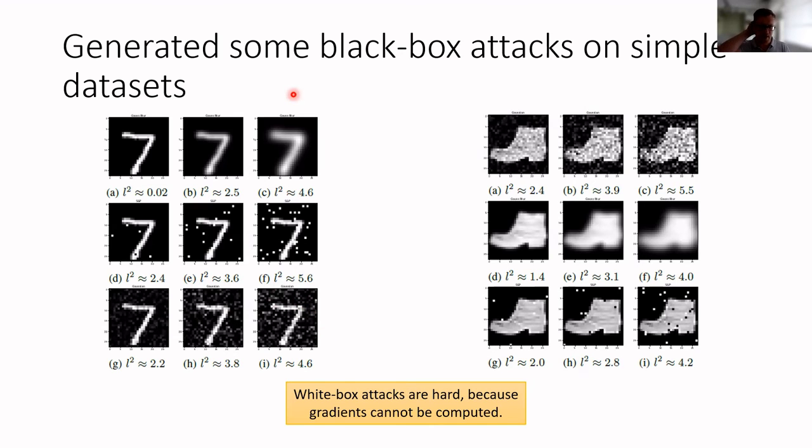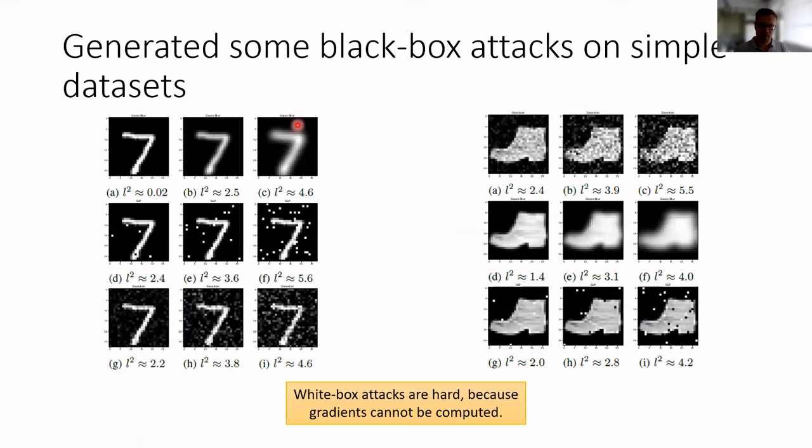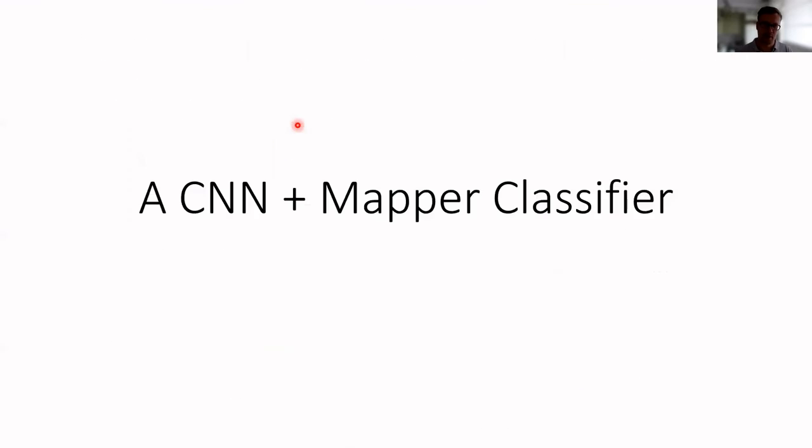You can still try that, and if it's sufficient, it will fool a neural network, but it seems that it fools this type of classifier that I presented on these two simple datasets less. And the drawback is, okay, how to do it for more complicated datasets.